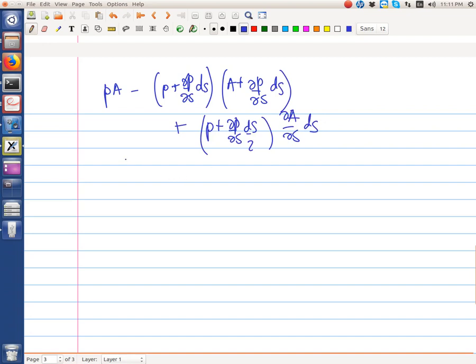Okay, so this is equal to, oh we forgot this, minus rho g ds sin theta times A plus del A del S ds by 2.